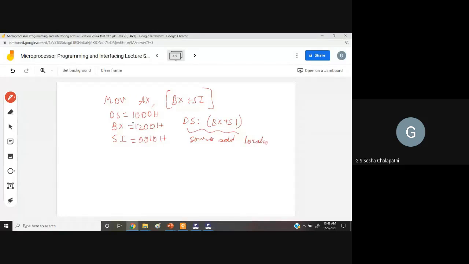So the source address location will be 1000 multiplied by 10, plus 1200, plus 0010H. That will become 10,000H plus 1210H, so that will become 11210H, I'm sorry, 11210H. Now this will be the memory location. So I'll go to a memory location.